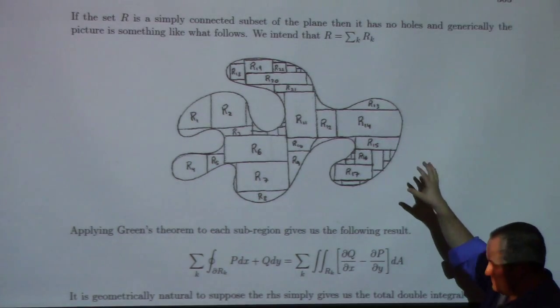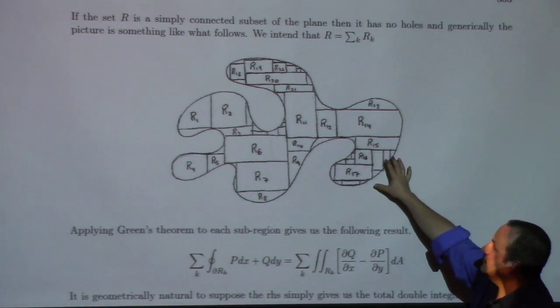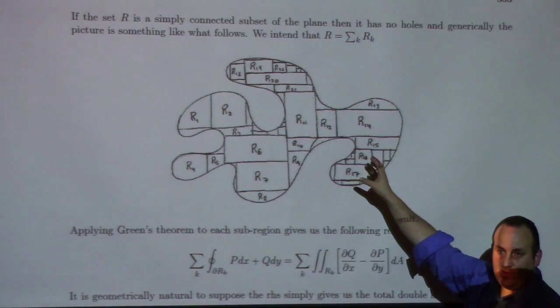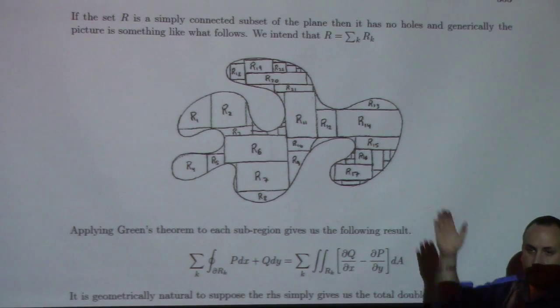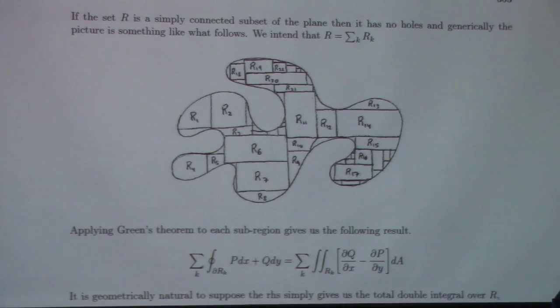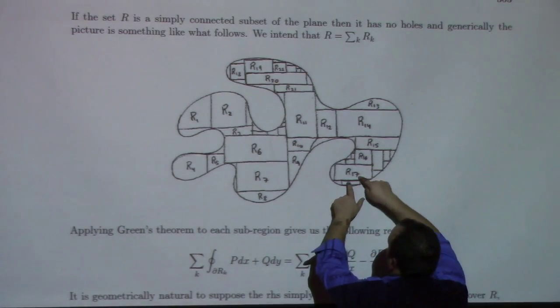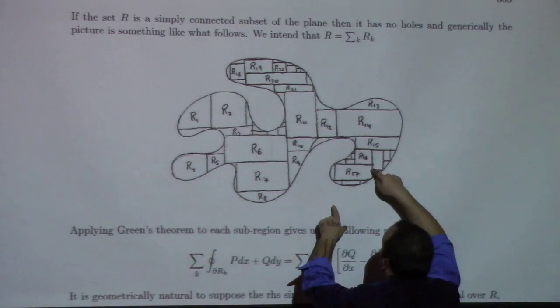To calculate the net work done around this whole shape by a vector field, it turns out that the work done by interior edges of rectangles is always experienced both in the positive and the negative sense, because these rectangles are adjoining one another. And every interior, what I call crosscut, for example this one and this one, both counterclockwise oriented, right?